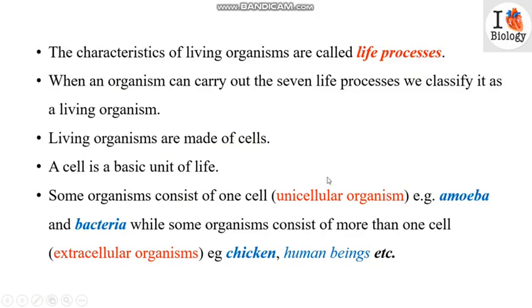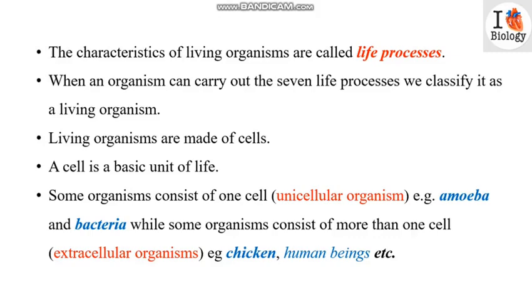Apart from unicellular organisms, we also have organisms that have more than one cell. These are called multicellular organisms. They are made up of what? Millions of cells. Since they have millions of cells, the cells do not all have the same what? Functions. They only carry out specific functions.